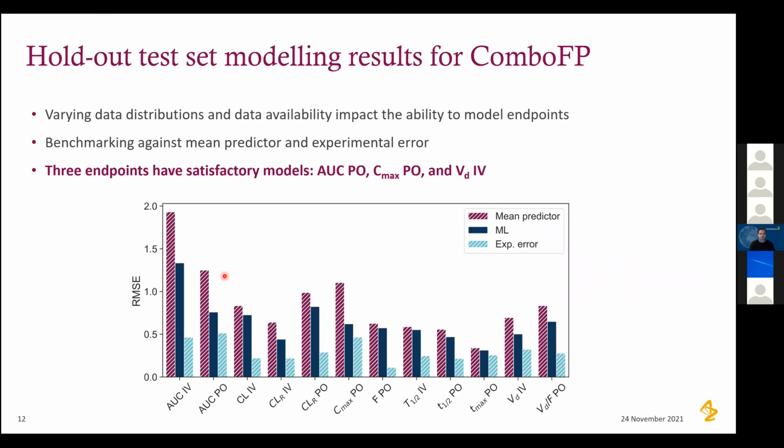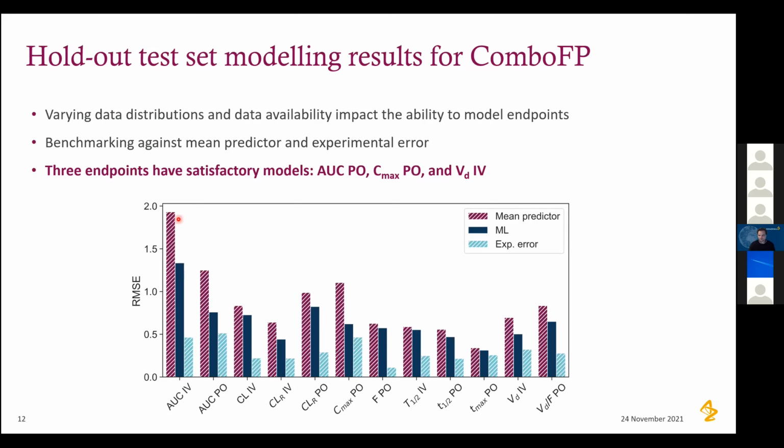In terms of the whole lot test set results, we saw the same trend when looking at these different descriptor sets. So here I'm just condensing this down to only combo FP, which is the navy bar here in the middle. But what we also want to do is to put these results into context. So you see these additional dashed bars here. The mulberry bar is what we call a mean predictor, which would always provide the mean value from the training data set.